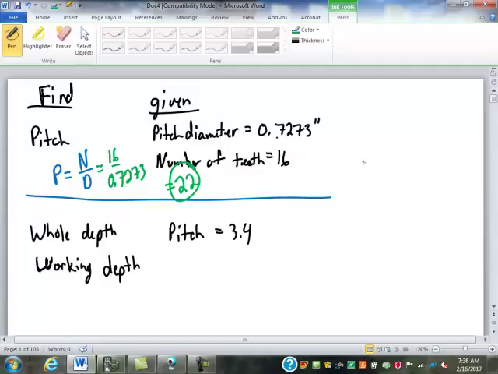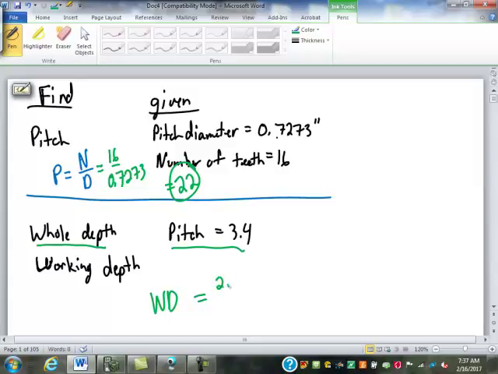Now for the next one, we're asked to find the hole depth given a pitch of 3.14. So we're going to look up in the table the hole depth. This is on page 248. We've got hole depth, WD. Be careful because it's really easy to confuse that with working depth, which is W sub D. We are given the pitch of 3.4. We do have a formula there that just involves the pitch.